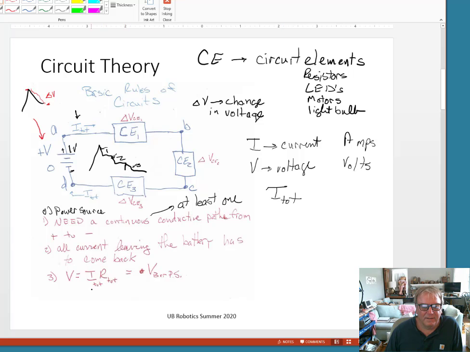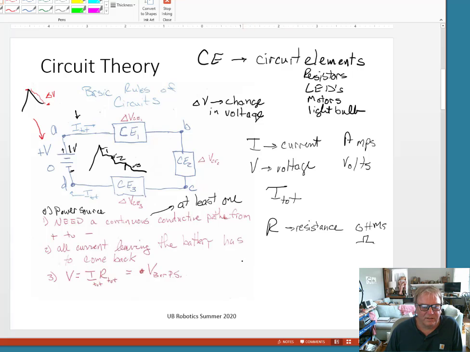And if we know the total resistance, so R is resistance, and that's in ohms. We also use this Greek symbol.